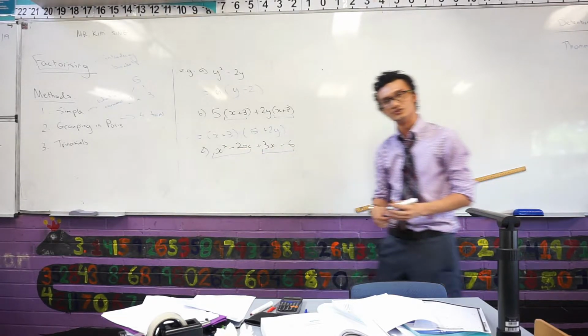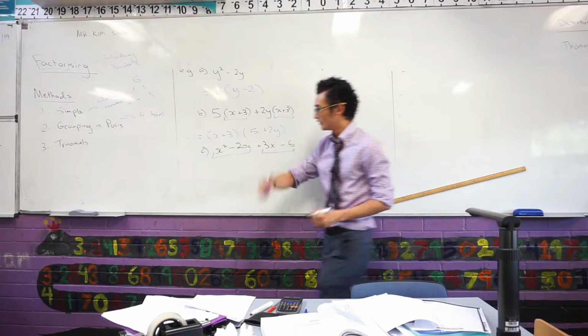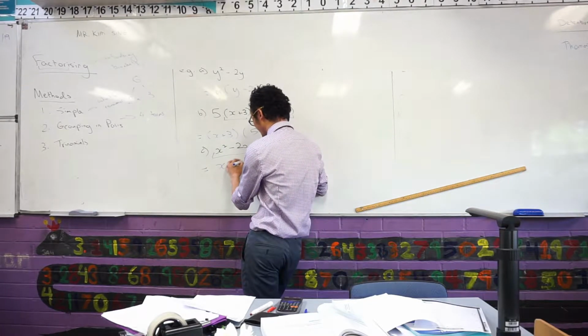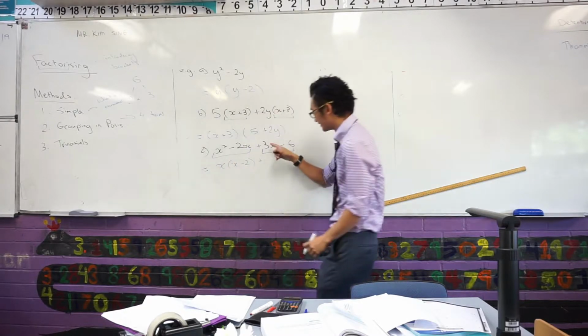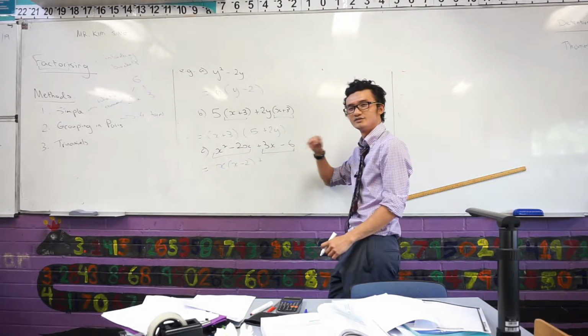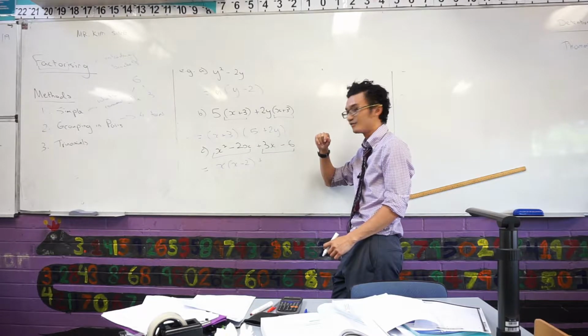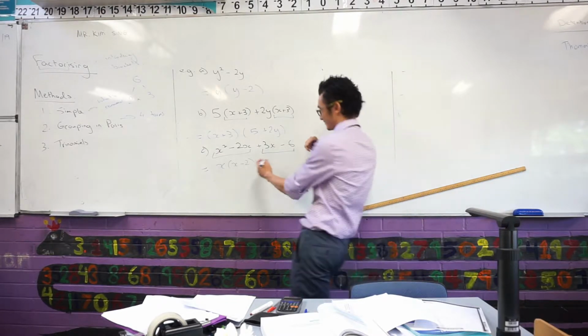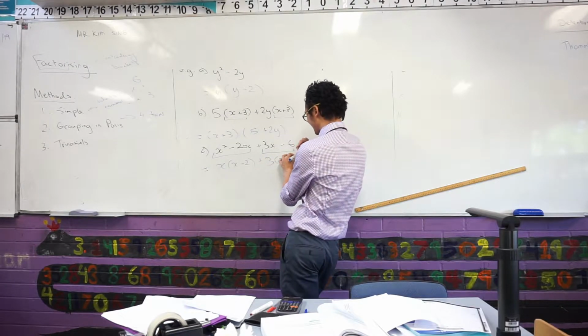If I look at the second 2, there's something in common here. Laura realized there's x outside of x minus 2. And same thing here. What is it? 3. Yep, so 3 is in common, 3 outside of x minus 2.